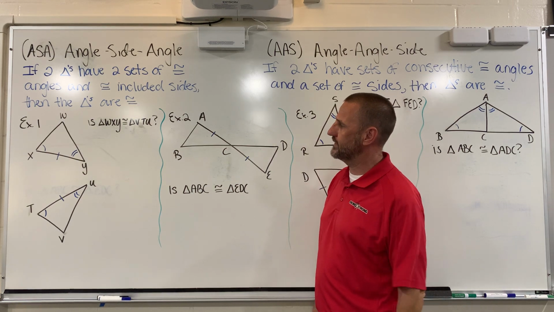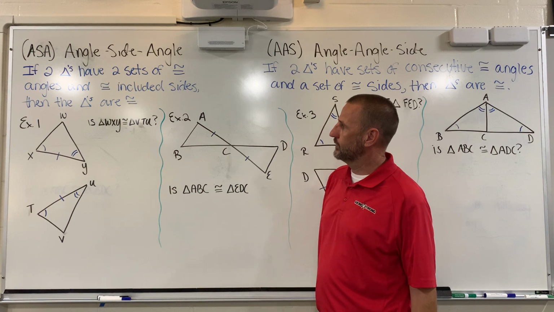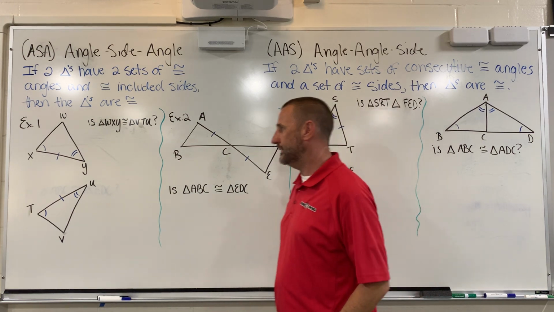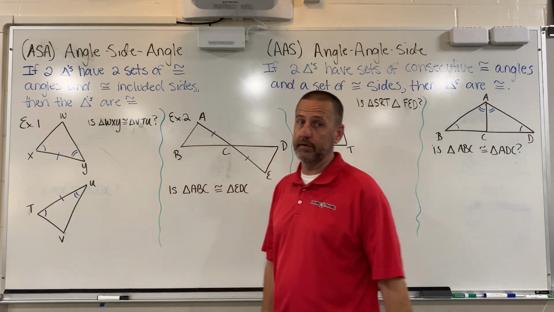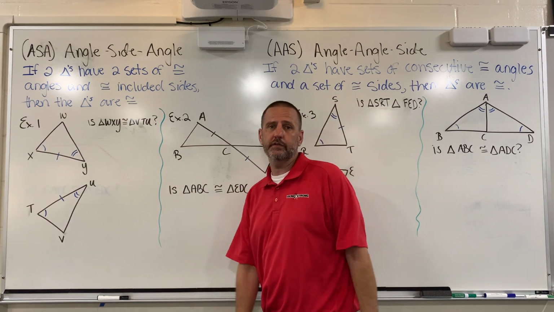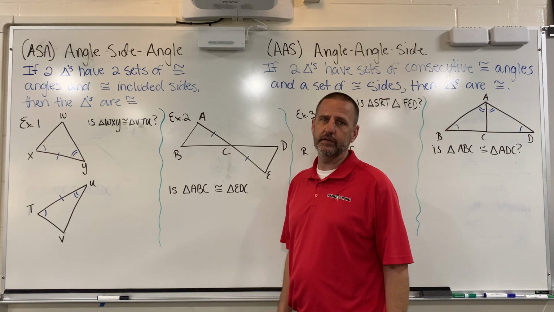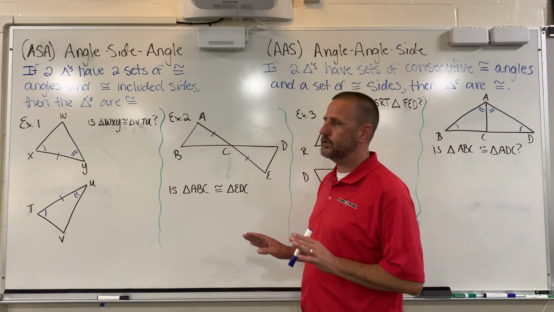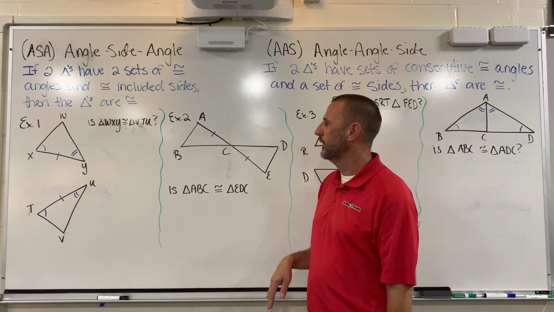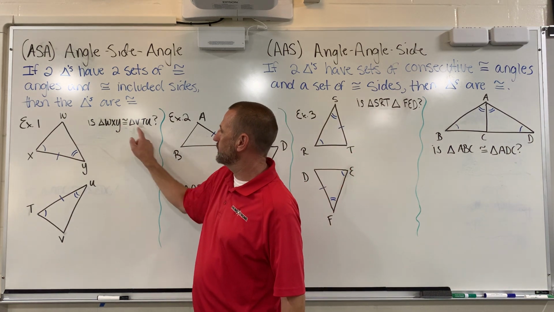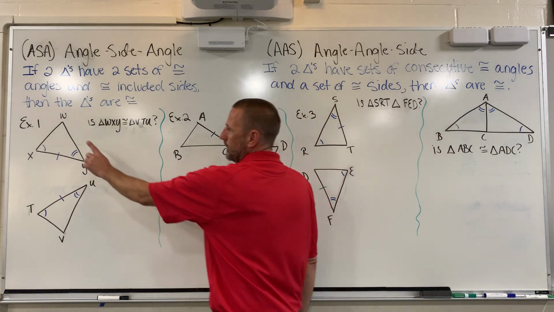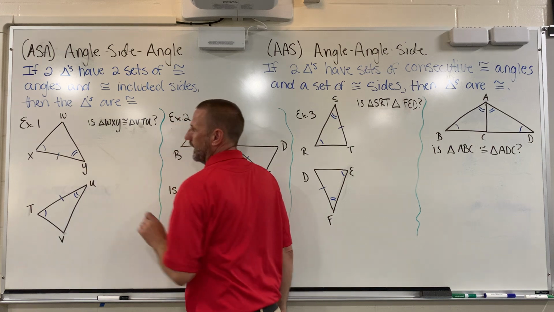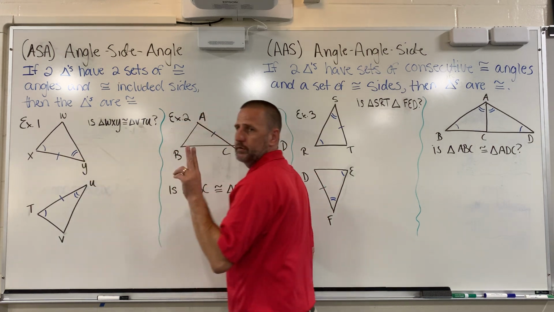Okay, so our first example says, is triangle WXY congruent to VTU? What I didn't say so much in my last video that I really need to go over in this video is that when you start these problems, one of the first things you always need to do is map out what they're asking you to compare and then make sure that the marks are going to match up. So as I look at WXY, W is an angle that has no congruent marker, X has one, and Y has two congruent markers.